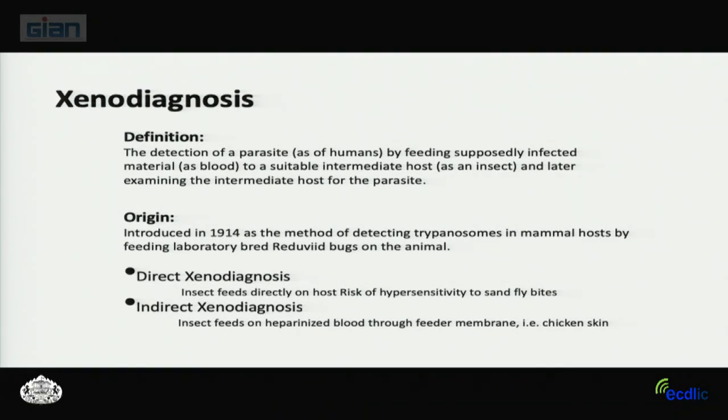They didn't have any sensitive way of detecting them, so it's transmitted by reduviid bugs. So they would feed reduviid bugs on these individuals, and those bugs would propagate the parasite in the vector, and they could then diagnose Chagas disease. There's direct xenodiagnosis, where the insect feeds directly on the host, and indirect, where you bleed the host and then feed the insects on the blood from that host.